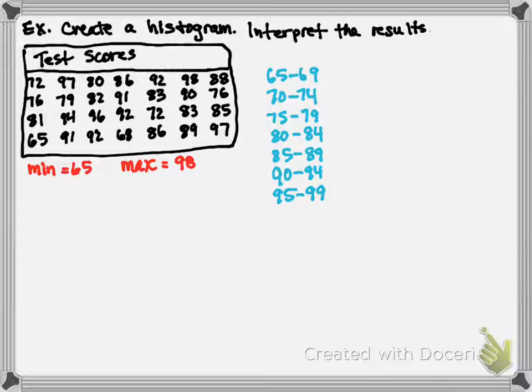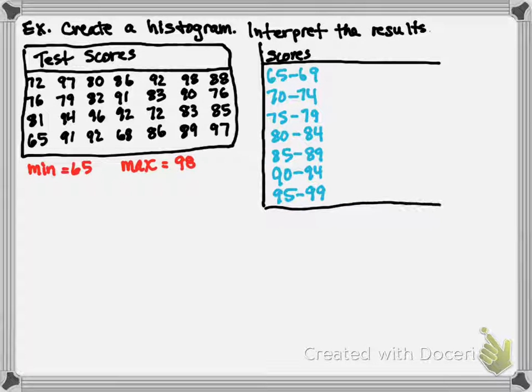You know what? After all this labor, let's just go do it. I think that's fair. All right, so those are going to be the scores. And then we're going to do our tally.